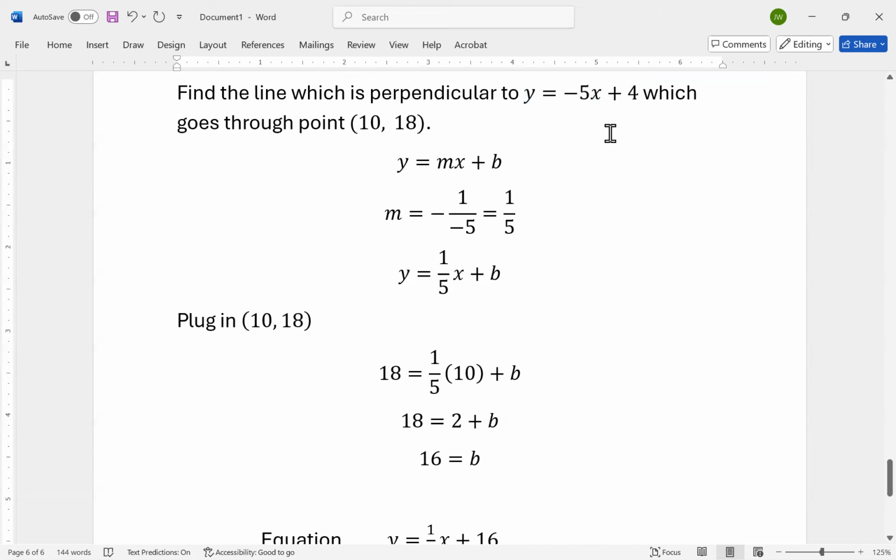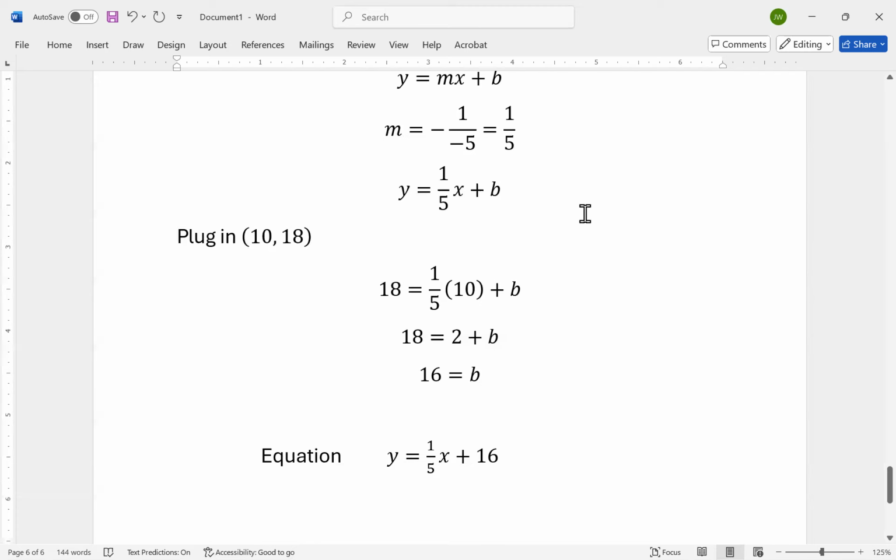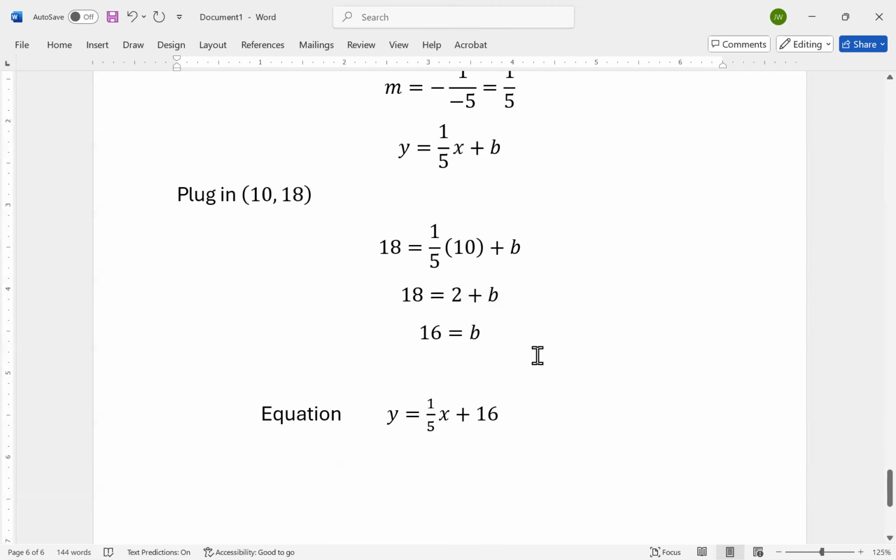We've done that a couple of times earlier in this video, so I'm not going to go over that now. But if my lines weren't in slope-intercept form, I'd want to change them into slope-intercept form in order to find the slope quickly. But other than that, that's the idea.